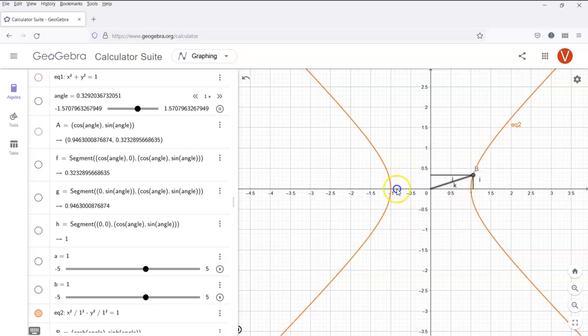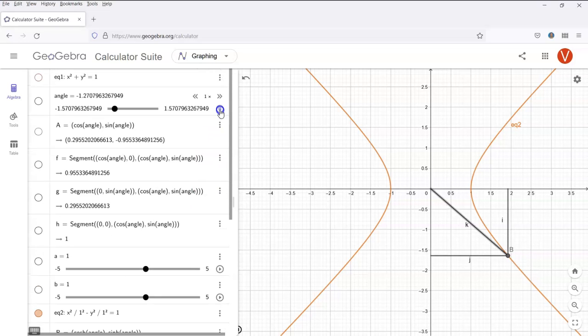So just like in the case of the circle, where the point on the circle was moving based on sine and cos, here it is moving on the hyperbola based on hyperbolic cos and sine. Okay. Now let's make it show both of them.